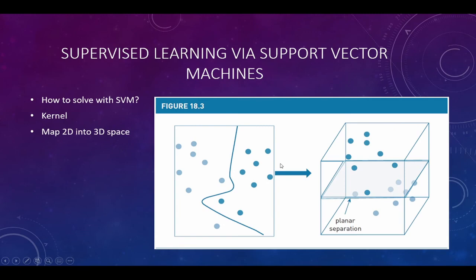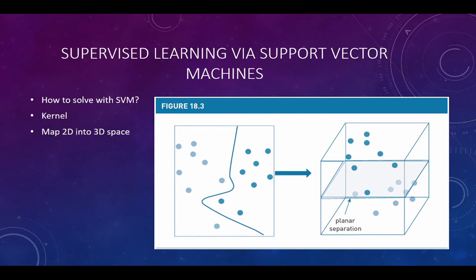An SVM is going to map a low-dimensional problem into a higher dimensional space to describe geometric boundaries between regions. The result of this analysis is going to be your mathematical description of the position and orientation of that hyperplane, or that planar separation.